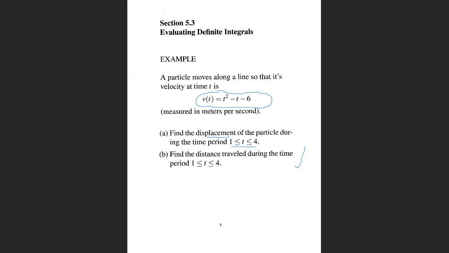The displacement is the difference between where the particle is at t equals 1 second and t equals 4 seconds. That's the displacement of the particle. And then we want to find the distance traveled during the time period where t goes from 1 to 4 seconds. So let's go ahead and work the problem out.